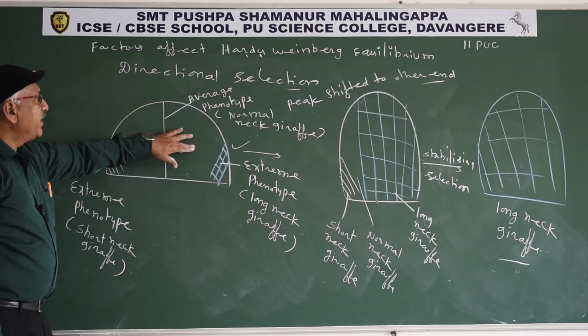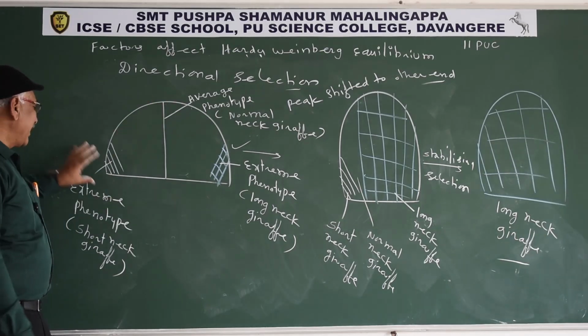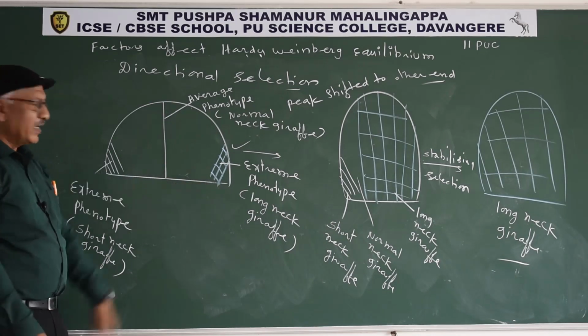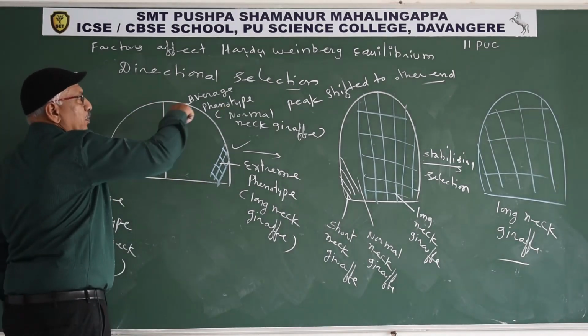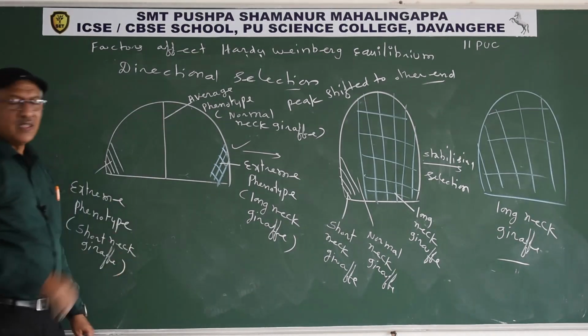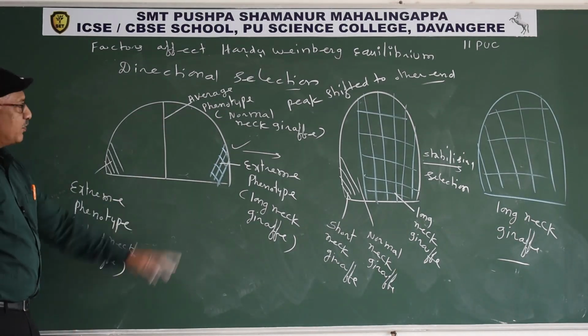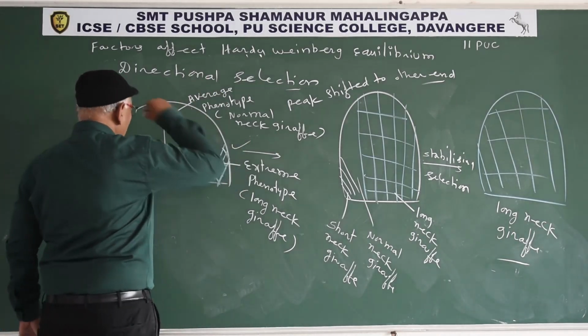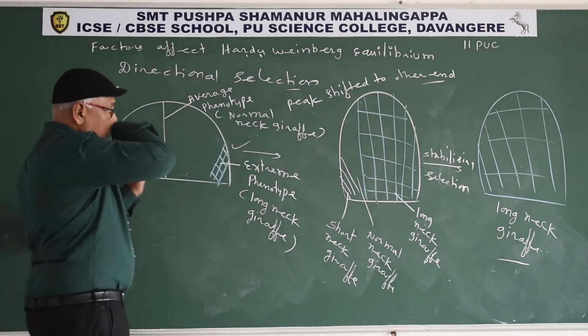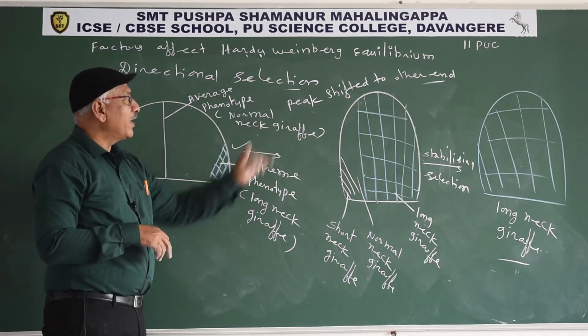For example, 80 normal neck giraffes, 10 short neck giraffes, 10 long neck giraffes. So directional selection operates when gradual changes occur in the environment. These changes favor the long neck. So directional selection selects one extreme phenotype. So the average is shifted to that end.